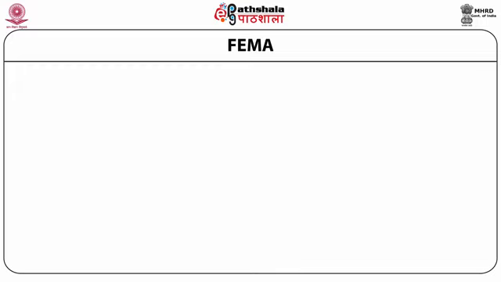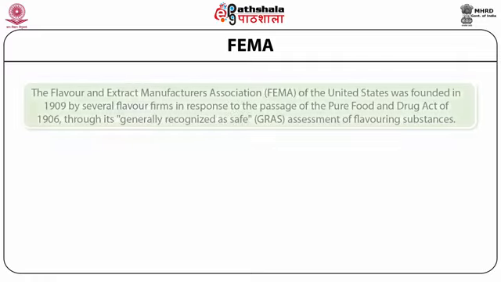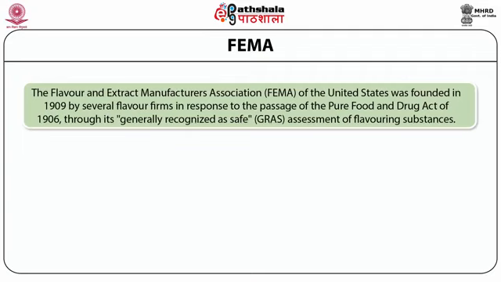Other than the E-coding system and INS numbering system, the flavors are listed under a special system by FEMA. Now, what is FEMA? The Flavor and Extract Manufacturers Association. It is from the United States and was founded in the year 1909 by several flavor firms in response to the passage of the Pure Food and Drug Act of 1906.